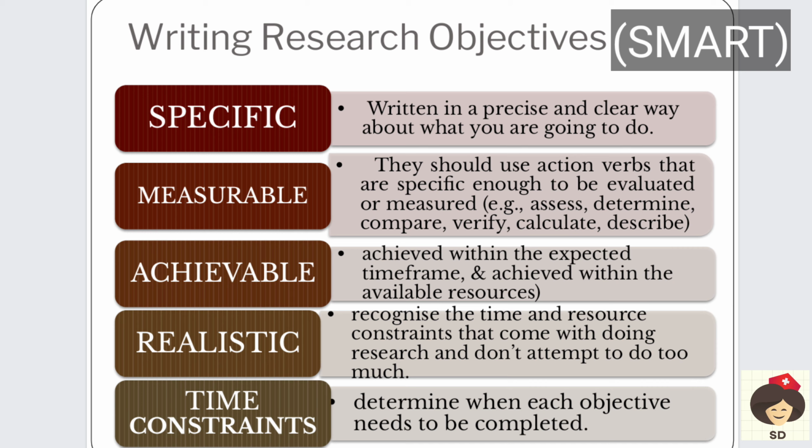Time constraints should also be mentioned in the research. Certain projects will be done in a minimal time, within a short duration like 1 month or 2 months, whereas PhD studies need a long duration like 2 years, 3 years, etc. Based on that, the duration will also be mentioned in the research objectives.